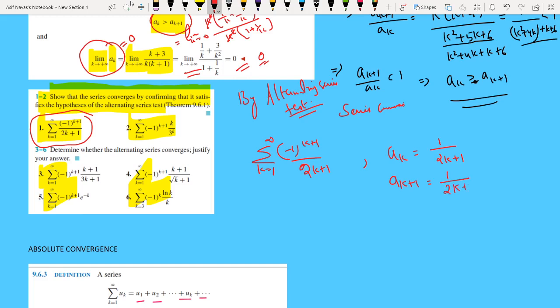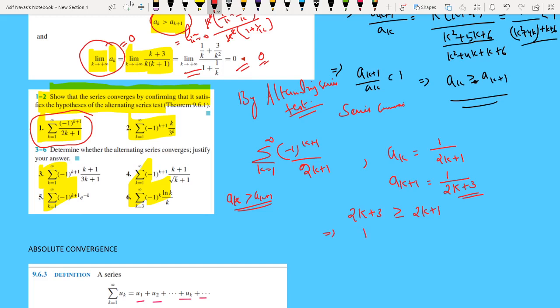2k plus 3, right? So first we want to show that ak greater than ak plus 1. So for that, how will we show? We know that 2k plus 3 is always greater than or equal to 2k plus 1.